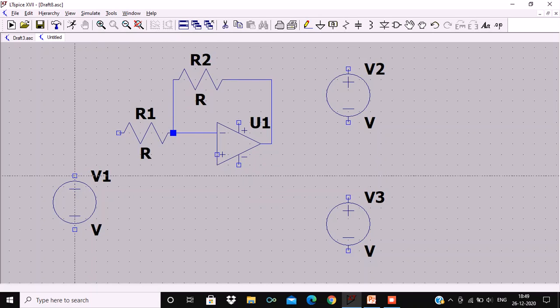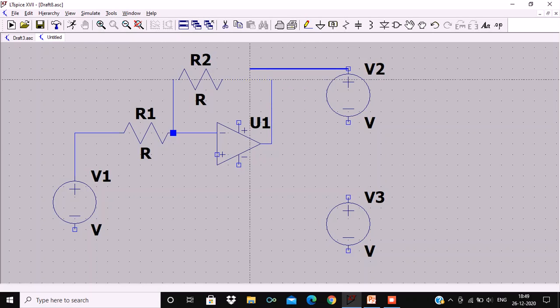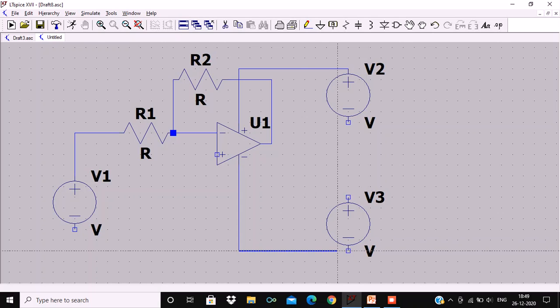I am connecting my input voltage to the series resistance. Now I have to connect the two power supplies of op-amp. These voltage sources denoted by V2 and V3 are connected to the operational amplifier.